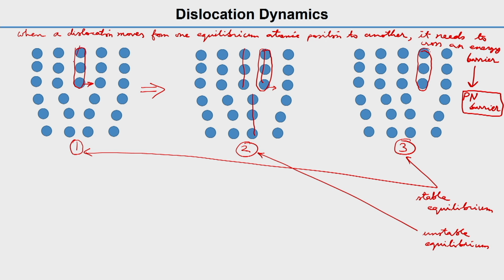In case number 1, the extra half plane is in between these two rows of atoms, and in the third case also, this extra half plane is in between these two rows of atoms. But in this case it's unstable; it wants to go to the right side, and these rows of atoms want to align with this one. So that is why it is not a stable equilibrium.